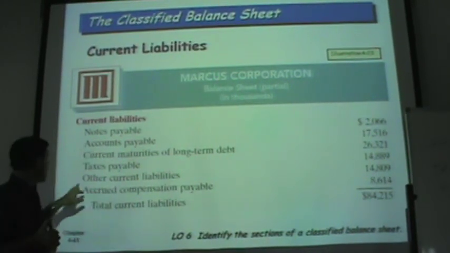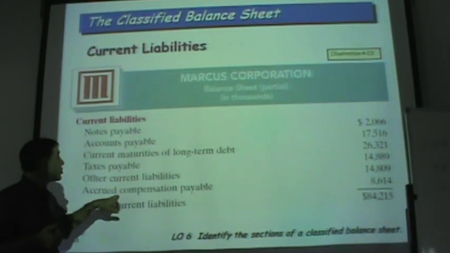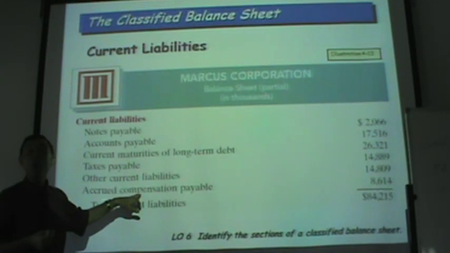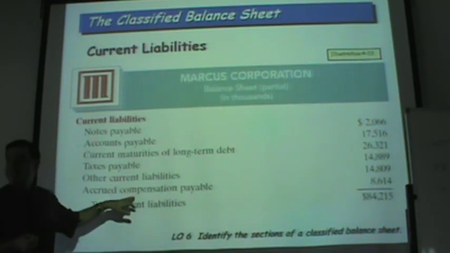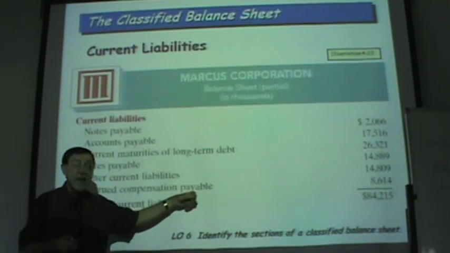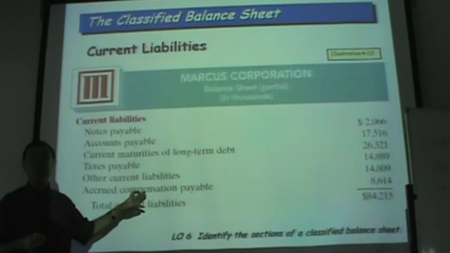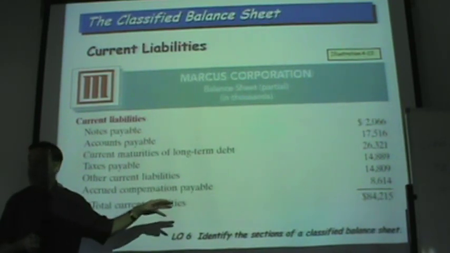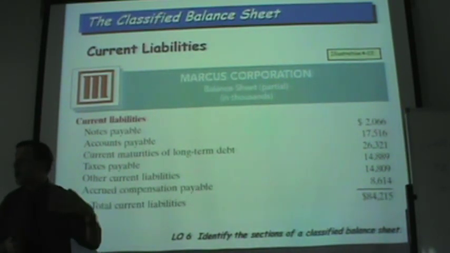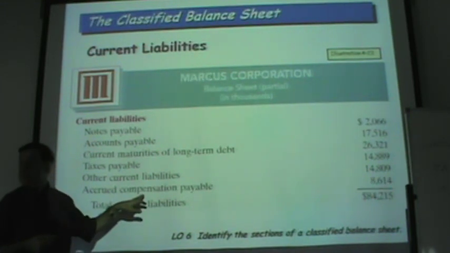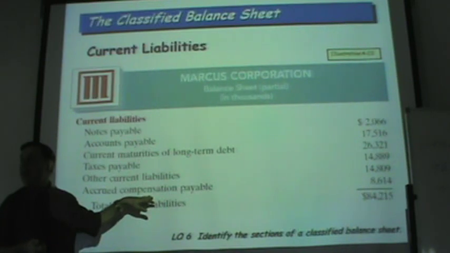Okay? And you got accrued compensation. Compensation in English and in law is the same as salary. So when they say compensation payable, it's pretty much the same as salary payable. Of course, you may have other compensation besides salary, but here to compensate means things you have to pay to the employees.